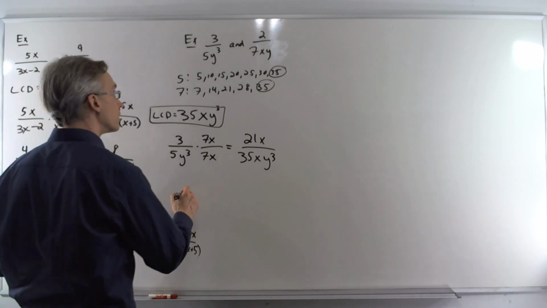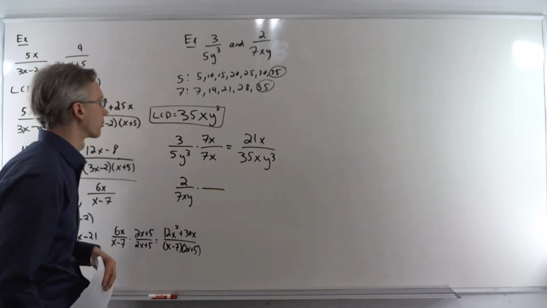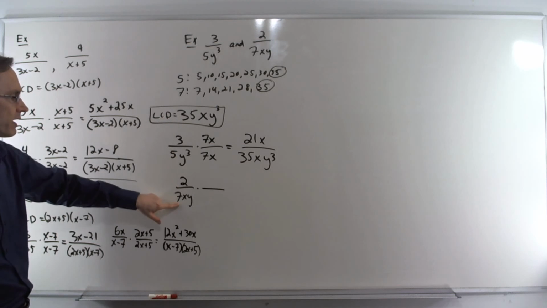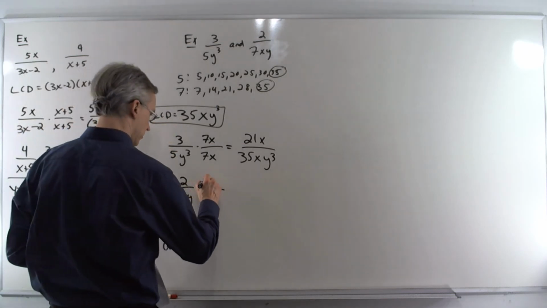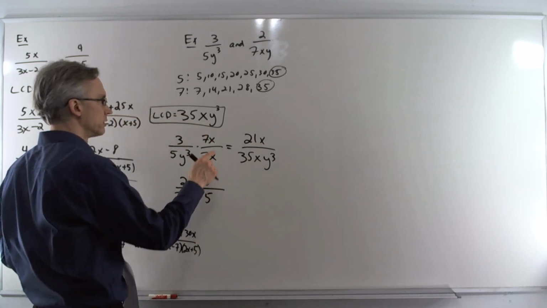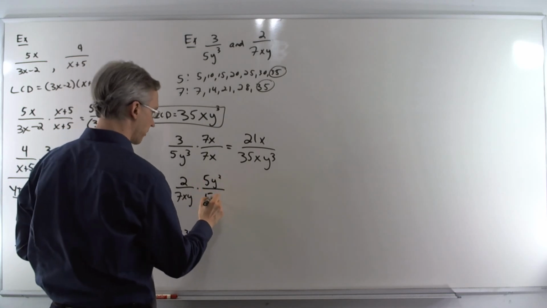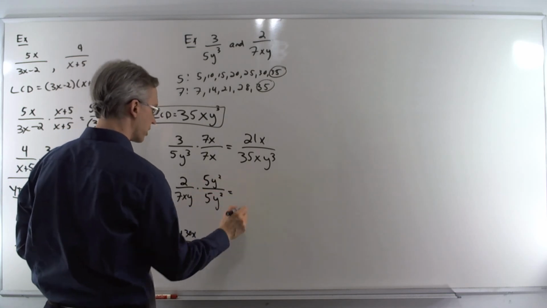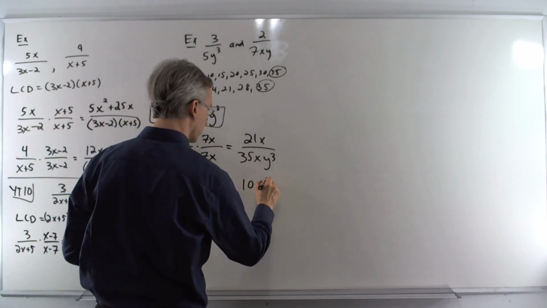Next up, 2 over 7xy. All right, what are we going to multiply by? We're going to take the LCD and divide by 7xy. 35 divided by 7 is 5. x divided by x, those cancel. y to the third divided by y is y squared. So we need to multiply by 5y squared over 5y squared. 2 times 5y squared is 10y squared for the numerator.